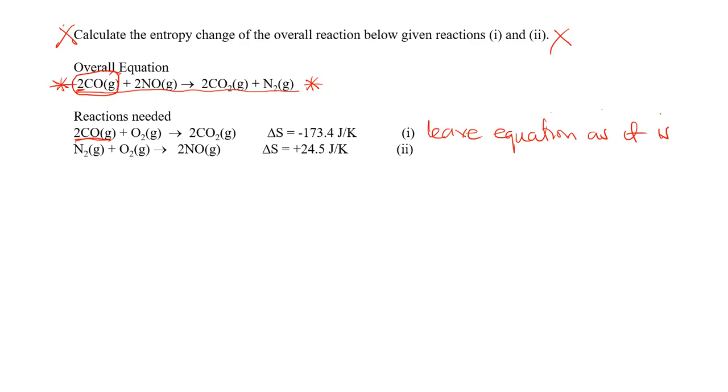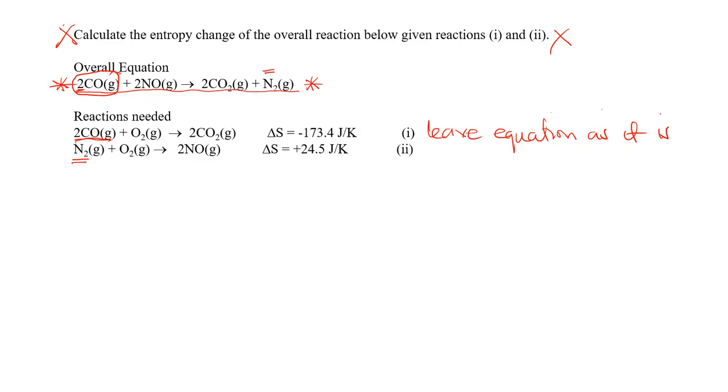Now, what else do we look at? For equation 2, we are going to look at nitrogen. And we are going to ask the same questions. The first question is, how many nitrogen atoms do we have in the overall chemical equation?